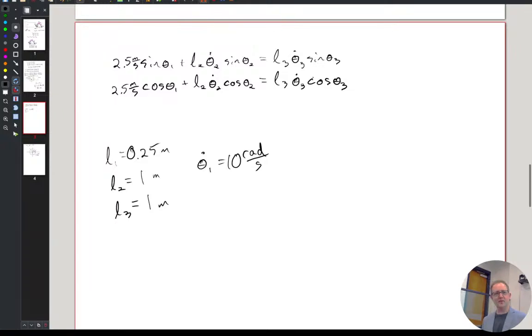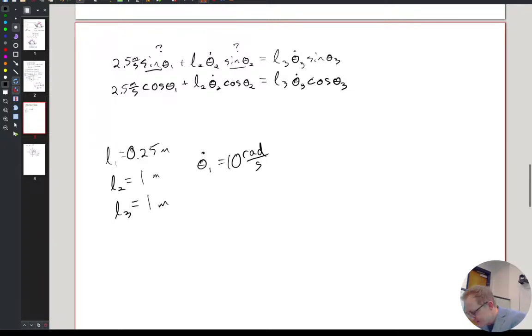What about sine theta 1, cosine theta 1? What are those? Do we know these values, of sine theta 1, sine theta 2? Can we just take the ratio? Yeah.